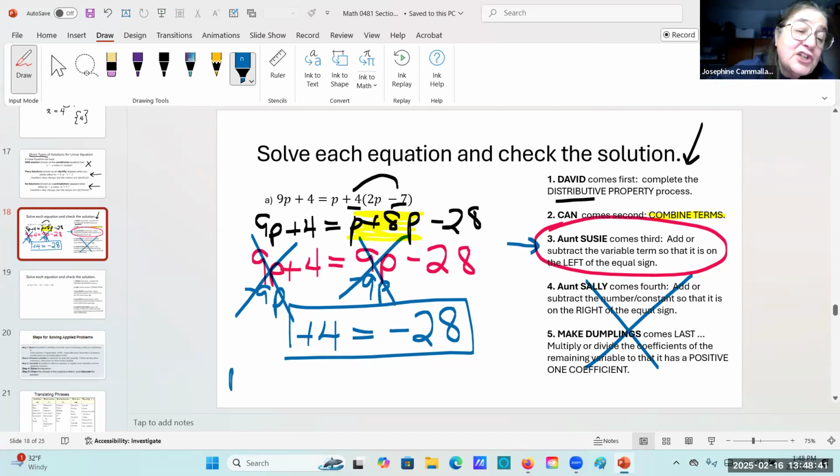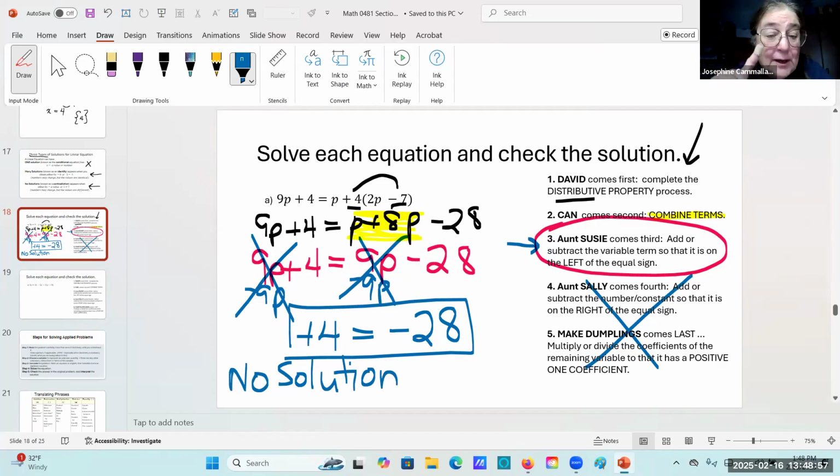This is an indication of a no solution. This is a no solution.